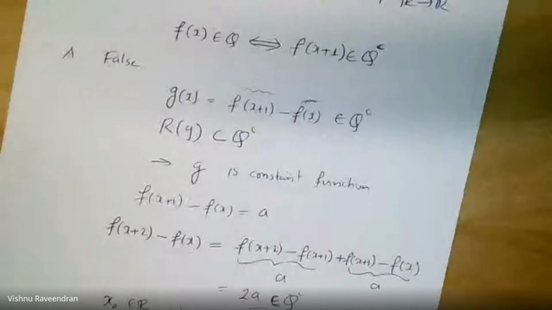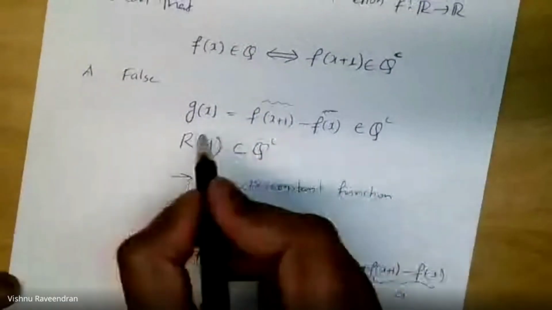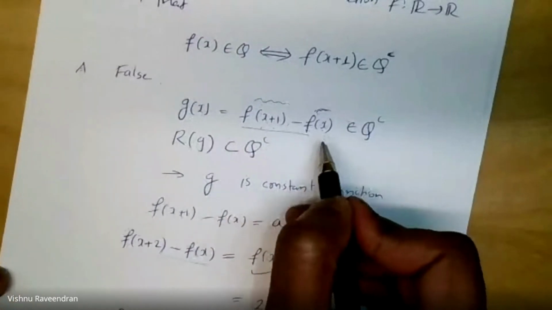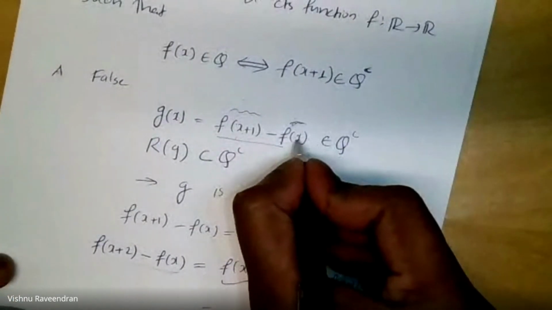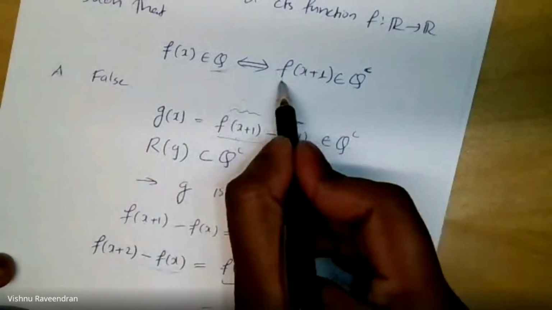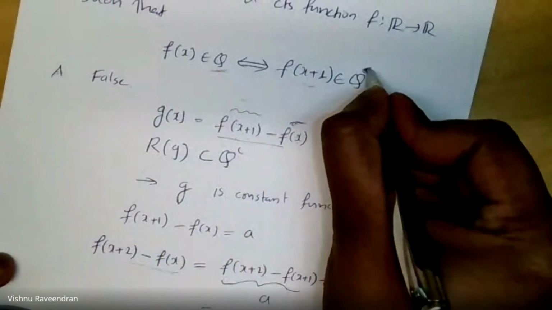Sir, how does g of x belong to Q complement, irrational numbers? Please repeat again. So g of x I defined as f of x plus 1 minus f of x. Okay. Now assume your f of x is in Q. So f of x plus 1 is in Q complement, right?